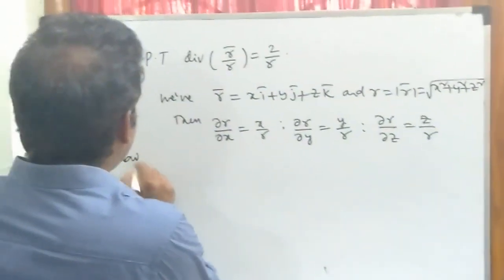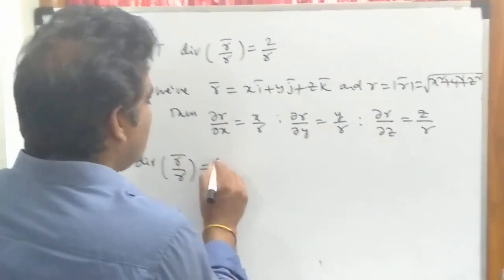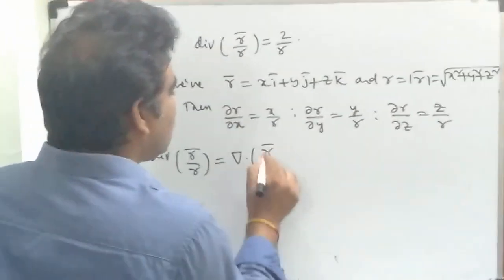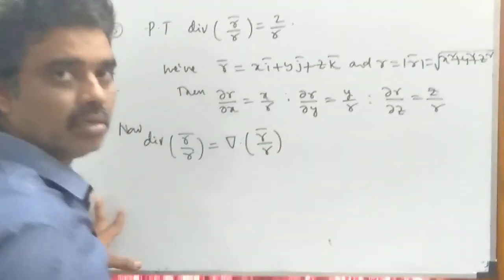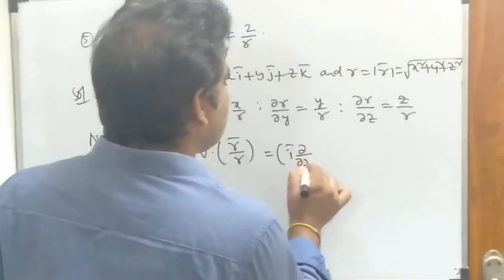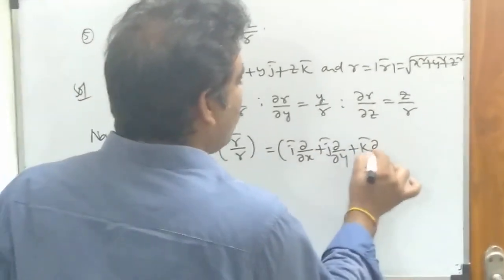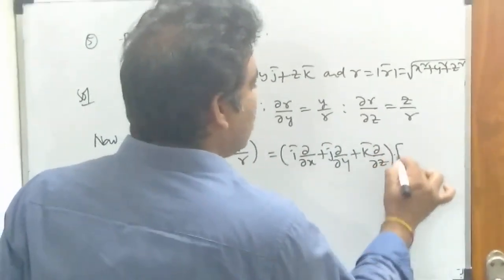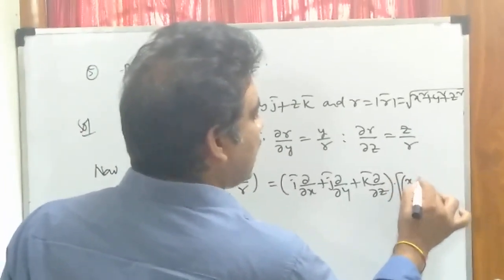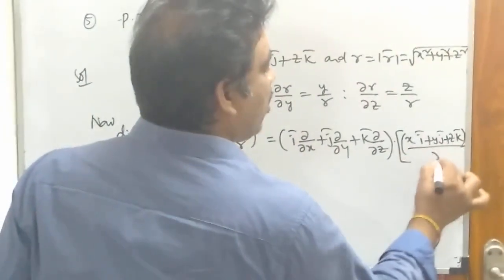Now consider div of r bar by r. That means del dot r bar by r. So that is del dot, i bar dou by dou x plus j bar dou by dou y plus k bar dou by dou z, dot product with (x i bar plus y j bar plus z k bar) by r.